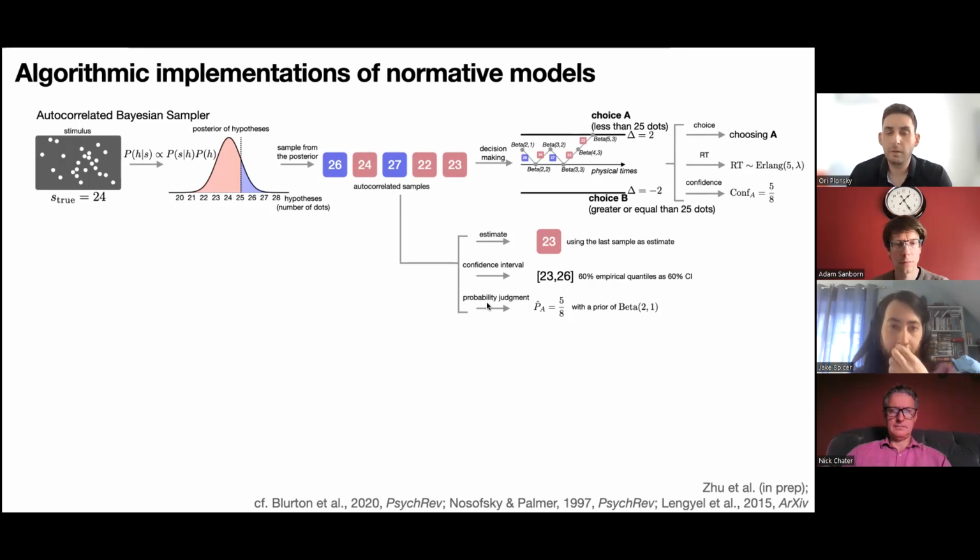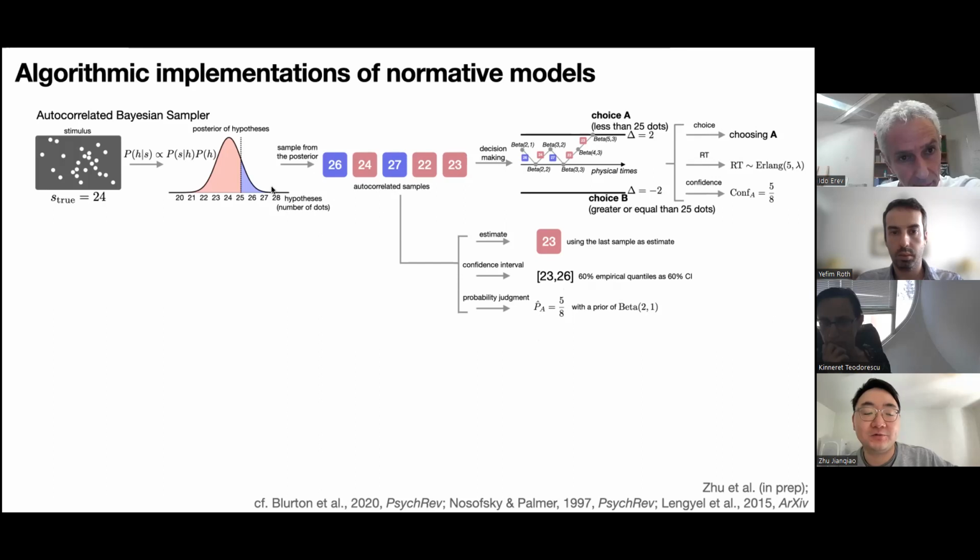Then when it comes to probability judgment, well, maybe we talk about decision-making first. Decision-making questions can be asked, for example, in this case, a decision about whether the number of dots appearing on screen is greater or less than 25.